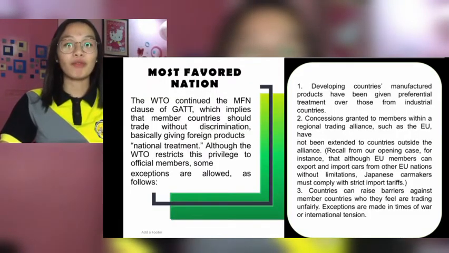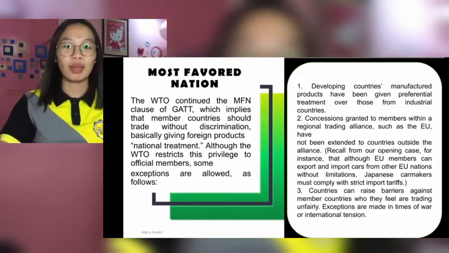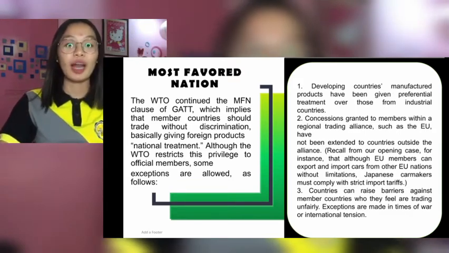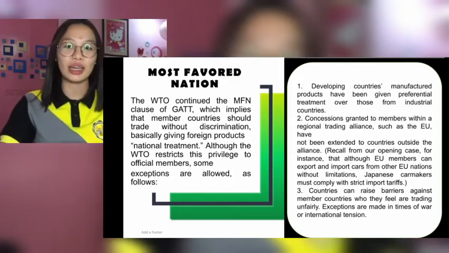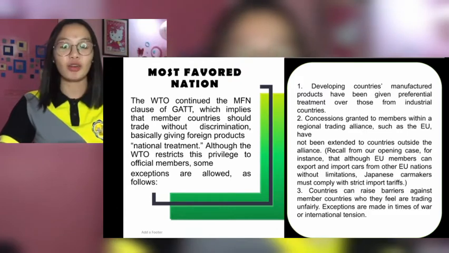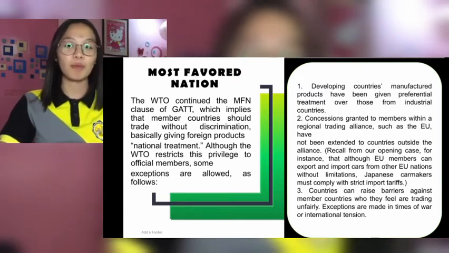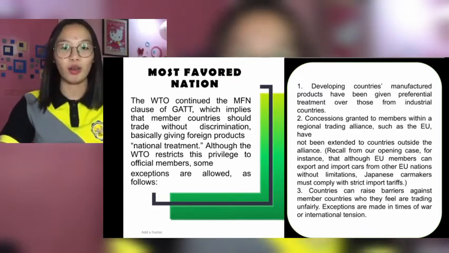The most favored nation: the WTO continued the MFN clause of GATT, which implies that member countries should trade without discrimination, basically giving foreign products national treatment. Although the WTO restricts this privilege to official members, some exceptions are allowed, as follows.